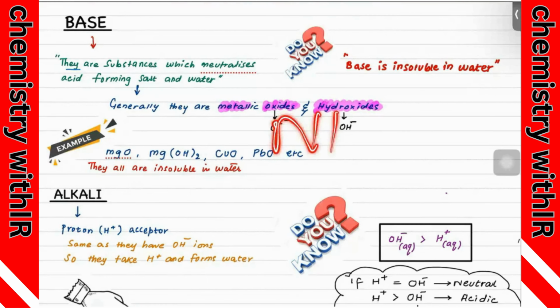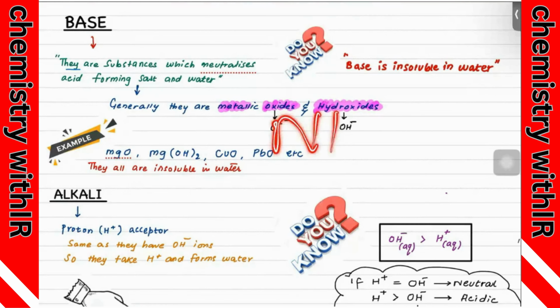I am asking, is this a base or an alkali? You know how you can identify this one? You have to dissolve ammonia in water. If it dissolves in water, you are supposed to say, sir, this is an alkali.